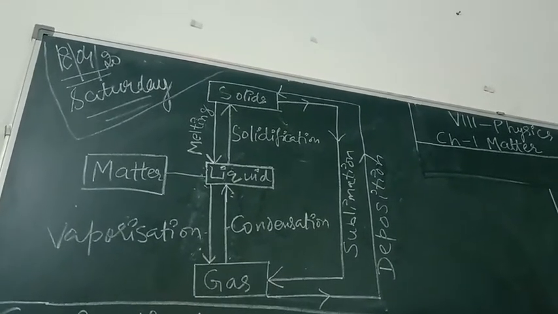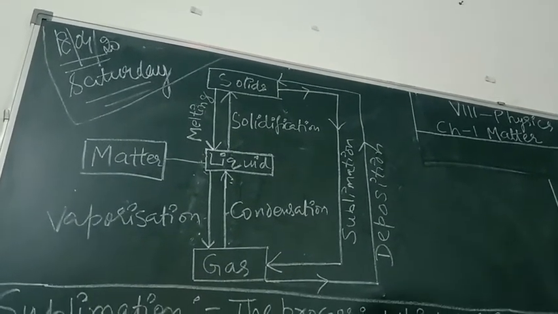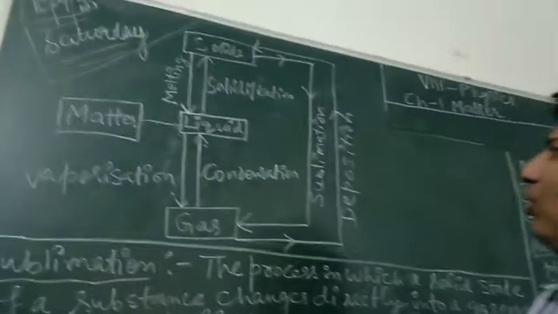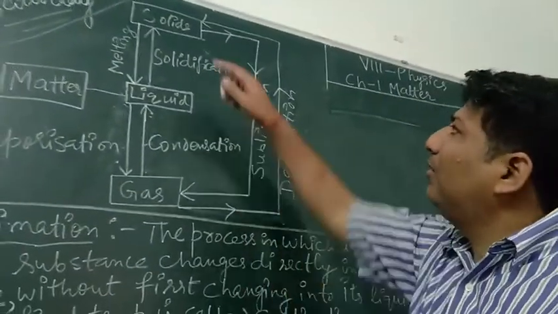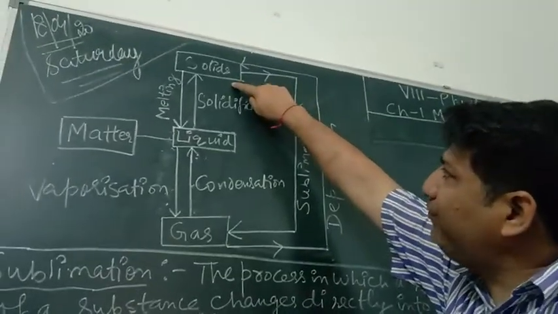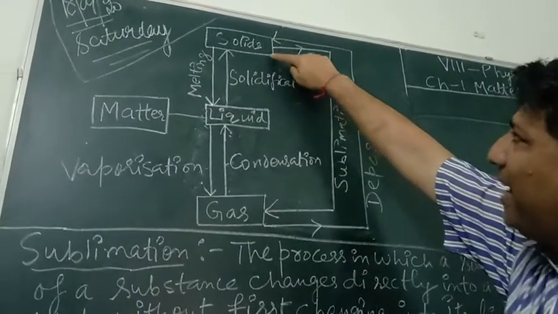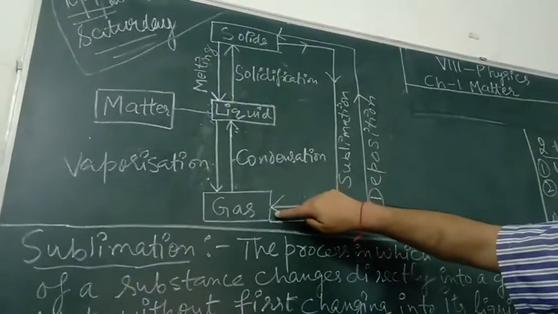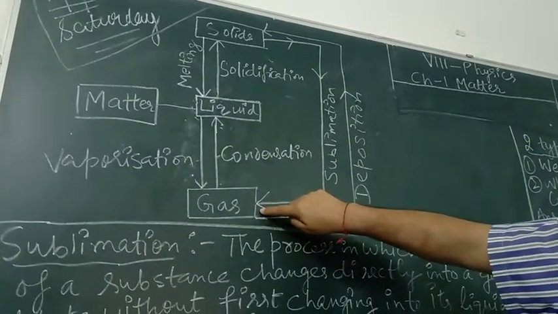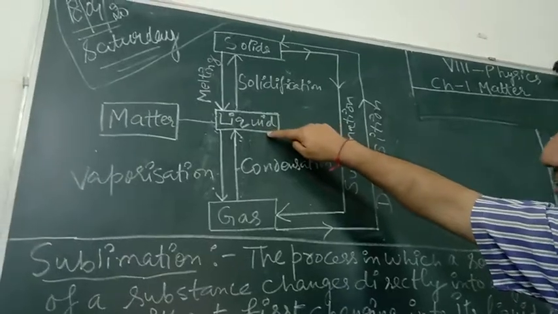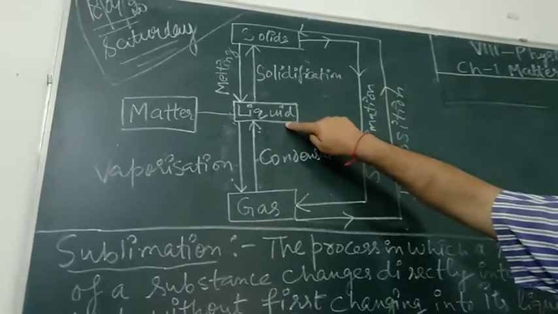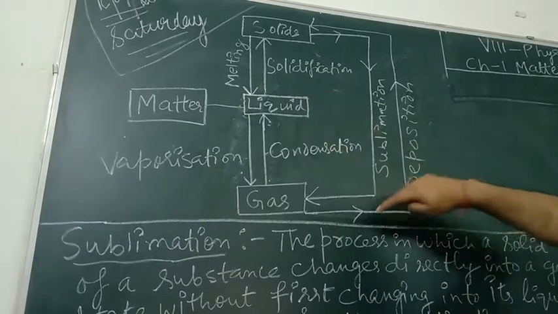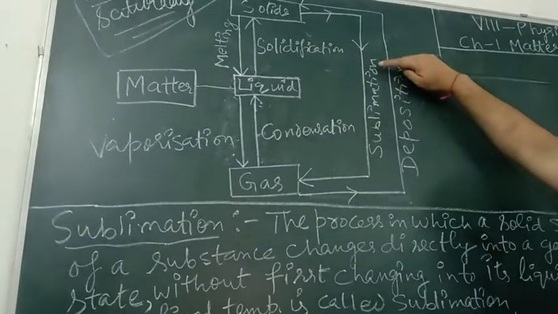Now the other two processes which are very interesting. There are some substances which change from their solid state directly into their gaseous or vapor state without changing first into their liquid state at a fixed temperature, and that process has been named sublimation.